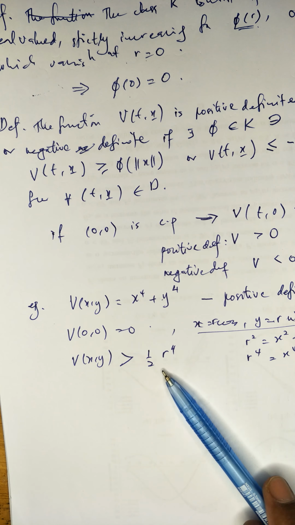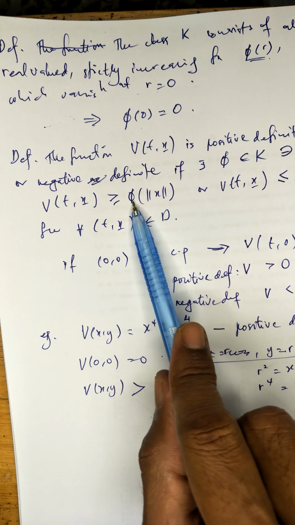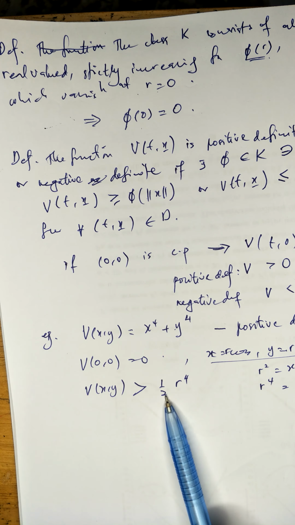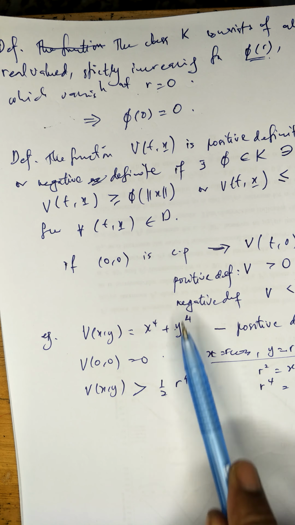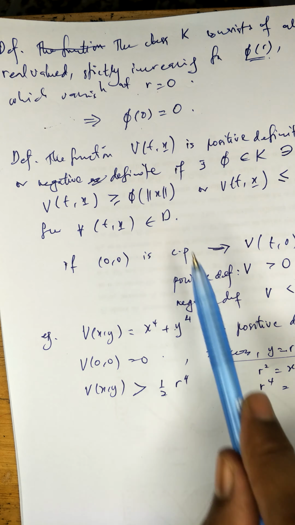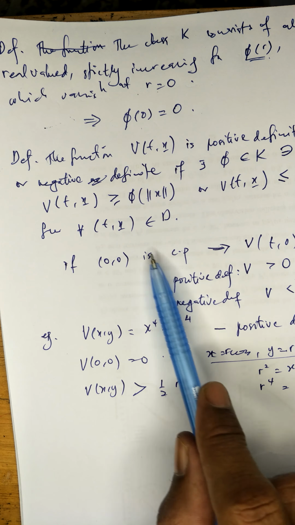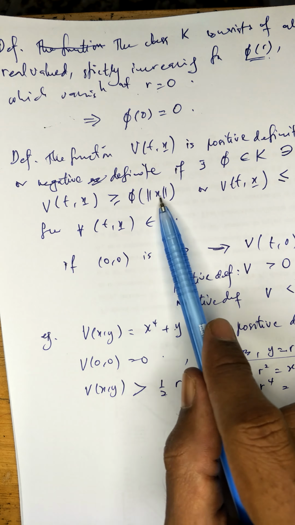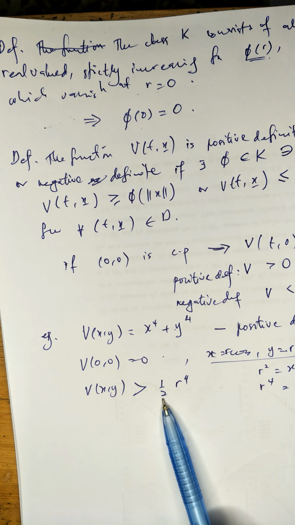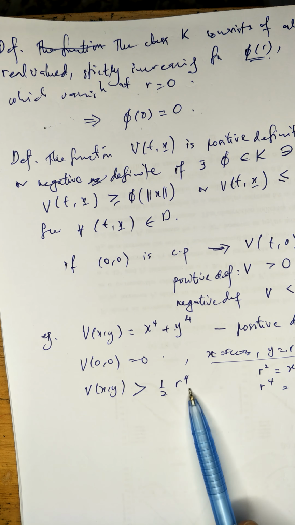So in this case we can find phi as half of the norm of x to the fourth, and V is greater than half of r^4.